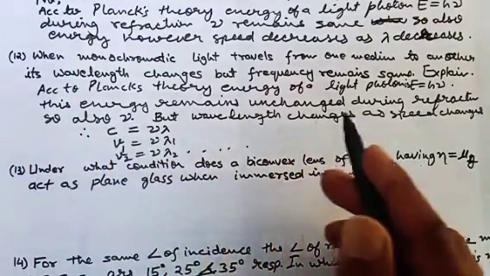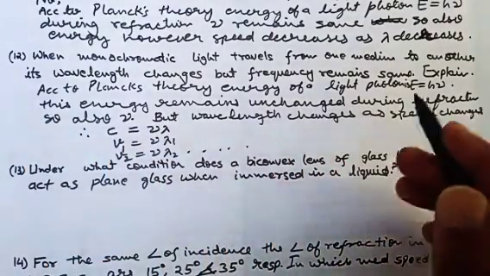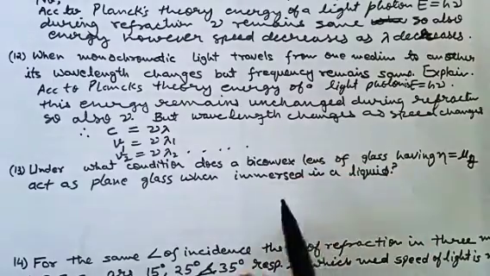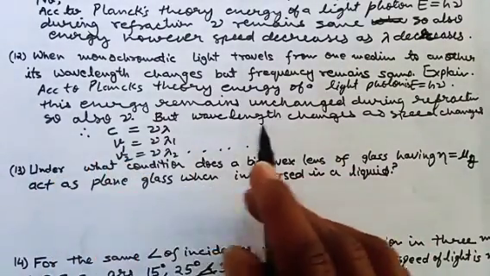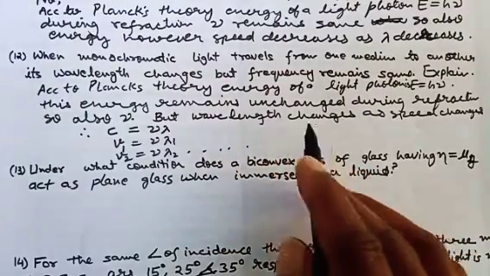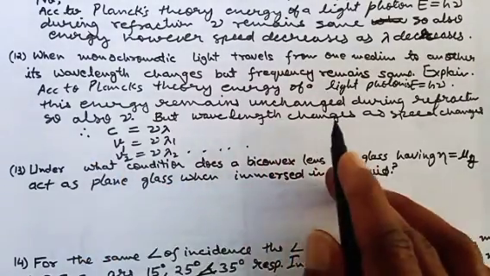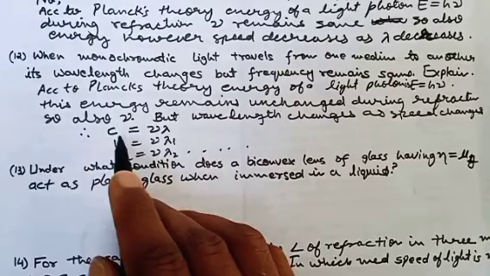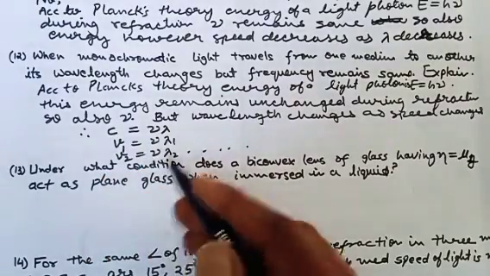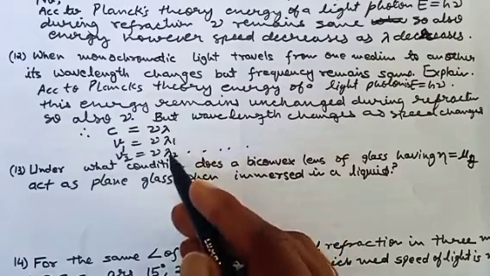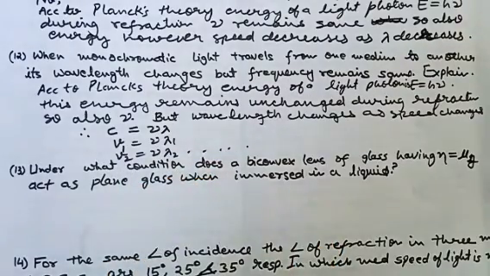This energy remains unchanged during refraction. There's a long description about this also, but not required in your syllabus. So frequency same, but wavelength changes as the speed changes. In vacuum, it is c equal to nu lambda, but from medium to medium, wavelength changes. That is why speed changes, but frequency remains same.